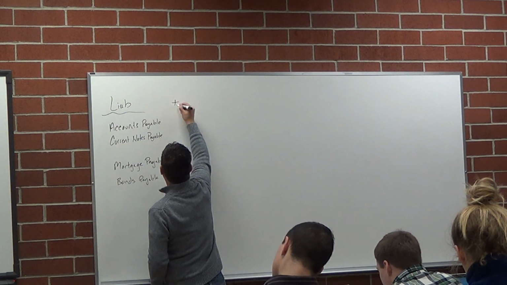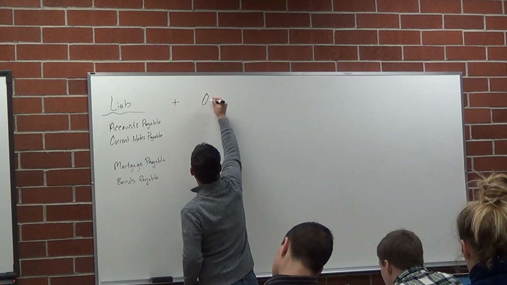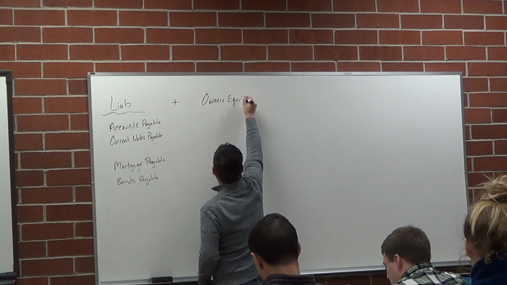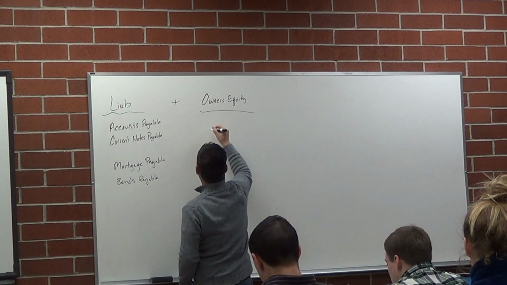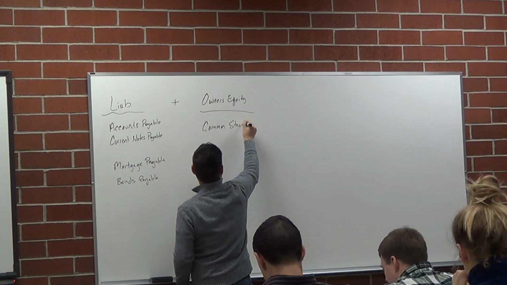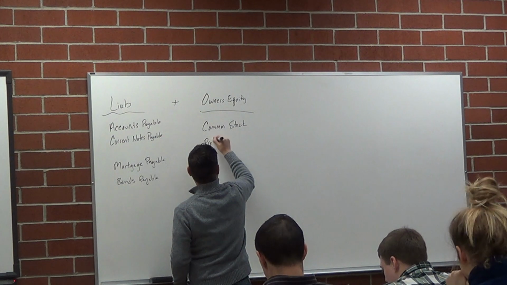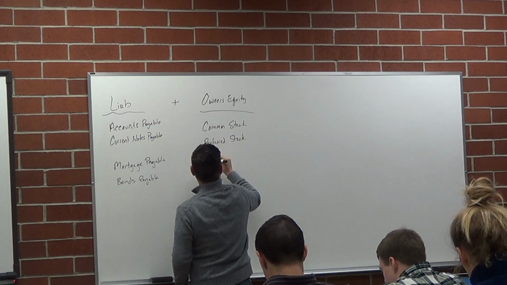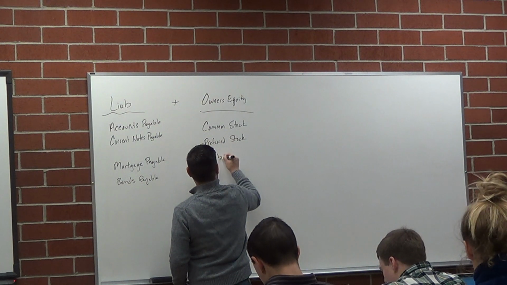So I'm going to add in then owner's equity. In this section here, you have common stock. You may have preferred stock. And you also have retained earnings.